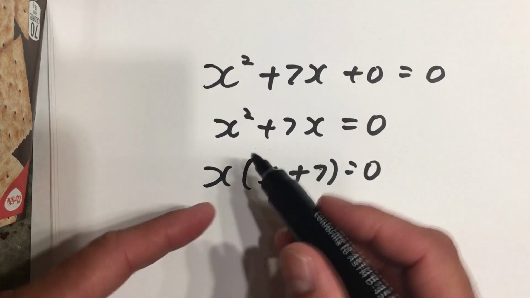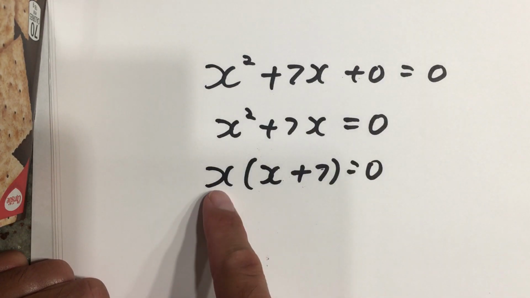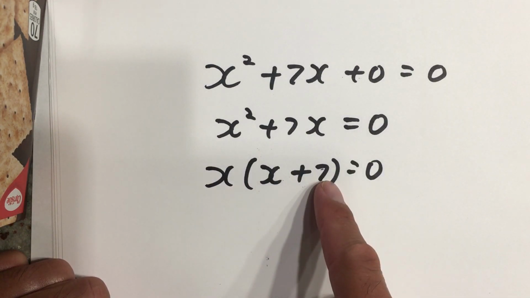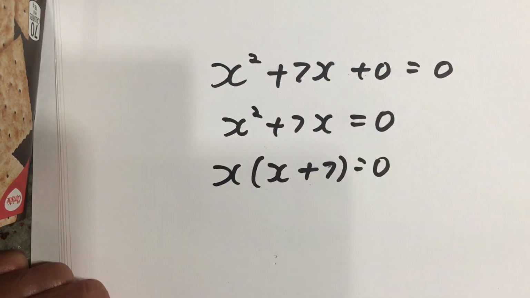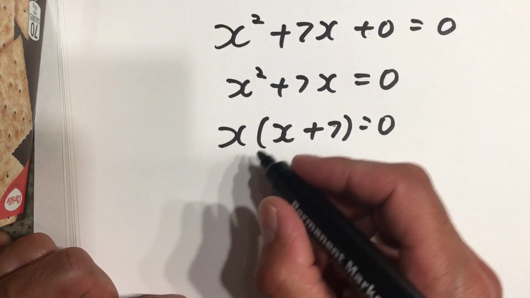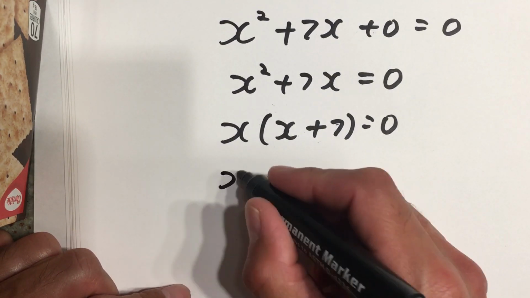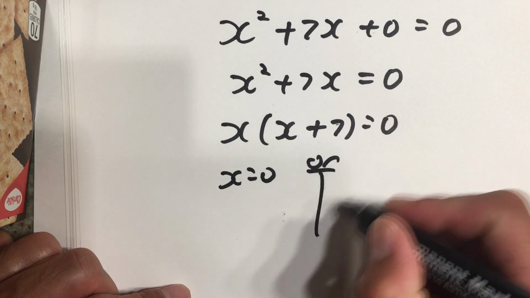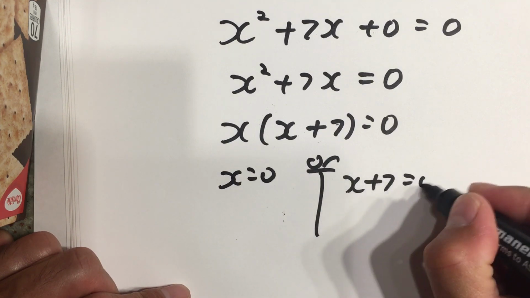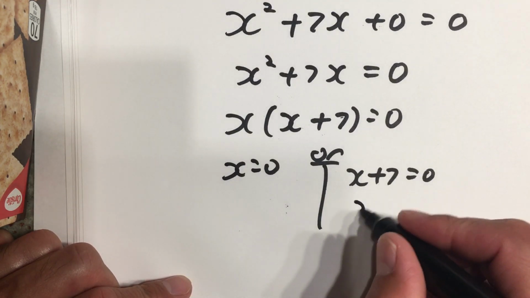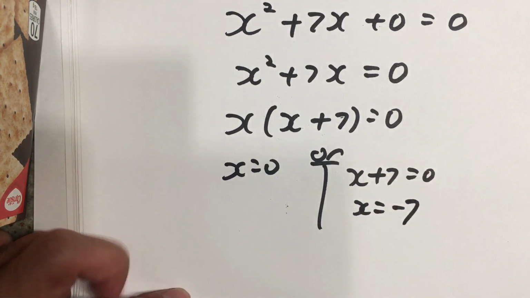So what I did here, well, it's easier to understand it backwards. Multiply x by each of those, and you get this line, so this line must be right. So what this means is either x is 0 or x plus 7 is 0. So that makes x equal to negative 7.